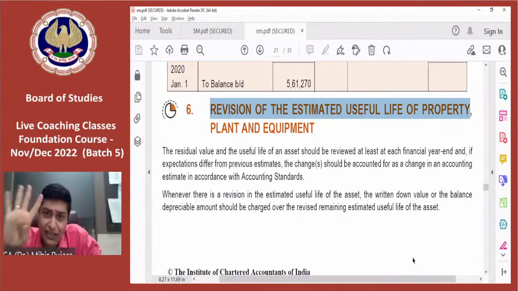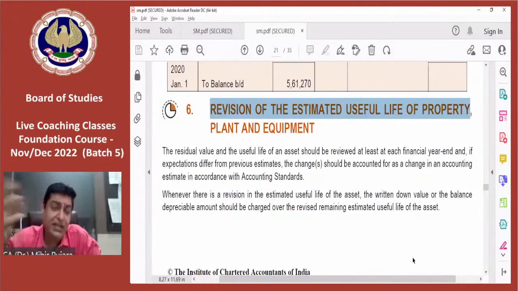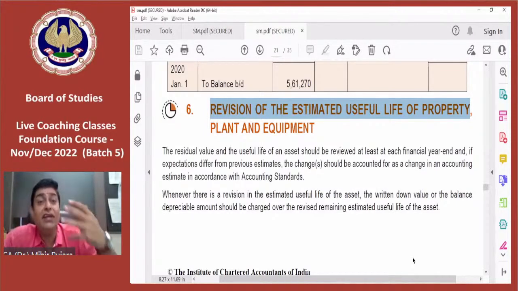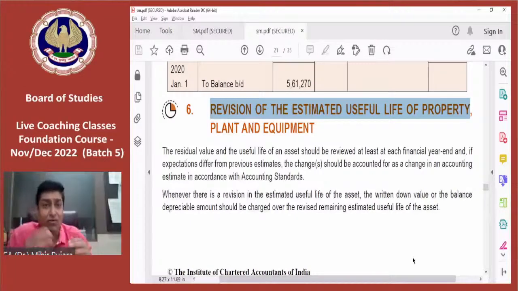But on the basis of the condition of the asset, we realize that it will not run for 4 years, but only 3 years or 5 years. So we are changing the estimated useful life of property.